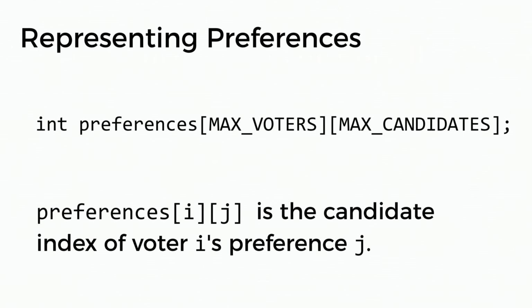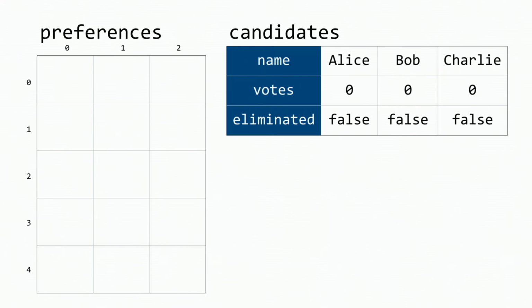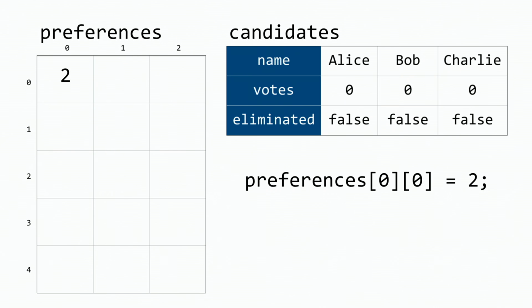So what does that actually mean? Let's take a look at an example. In this case, we have three candidates, Alice, Bob, and Charlie, where Alice is stored at index 0 in the candidates array, Bob is stored at index 1, and Charlie is stored at index 2. What happens if we say something like preferences[0][0] = 2? Well, that means we're going to fill into row 0 and column 0 of this array the number 2.